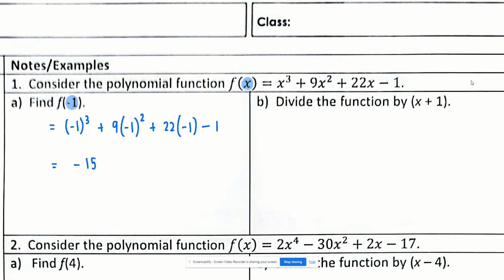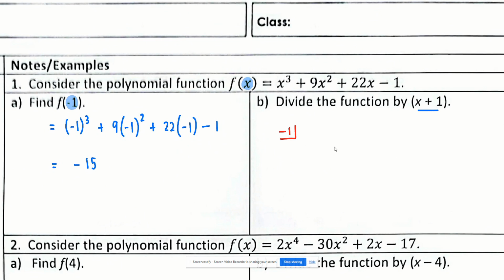So here's the deal. Yesterday, we said, hey, what if I divided this by x plus 1? Now remember, if we're dividing it by x plus 1, essentially, what are we putting in the box? We're putting negative 1. Remember, you put x plus 1 equal to 0 and you solve it in your head, and it's negative 1. Negative 1 goes in the box.